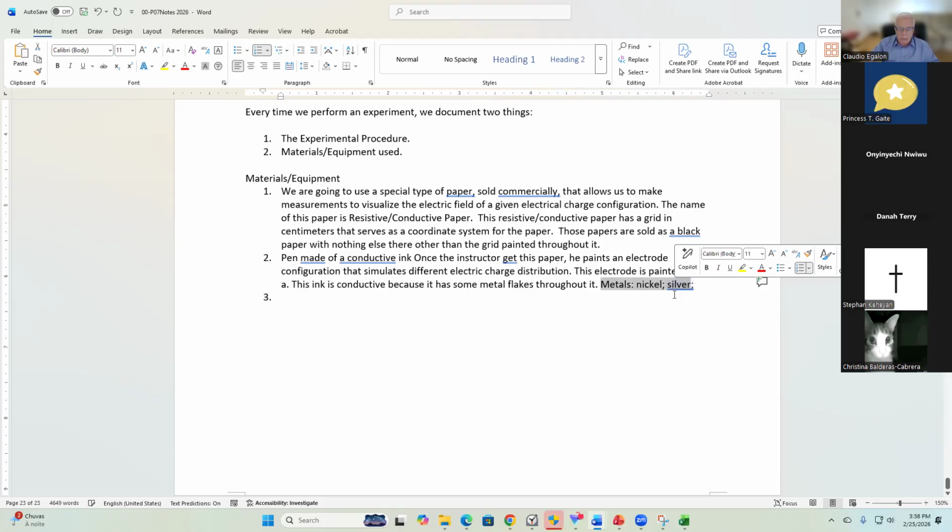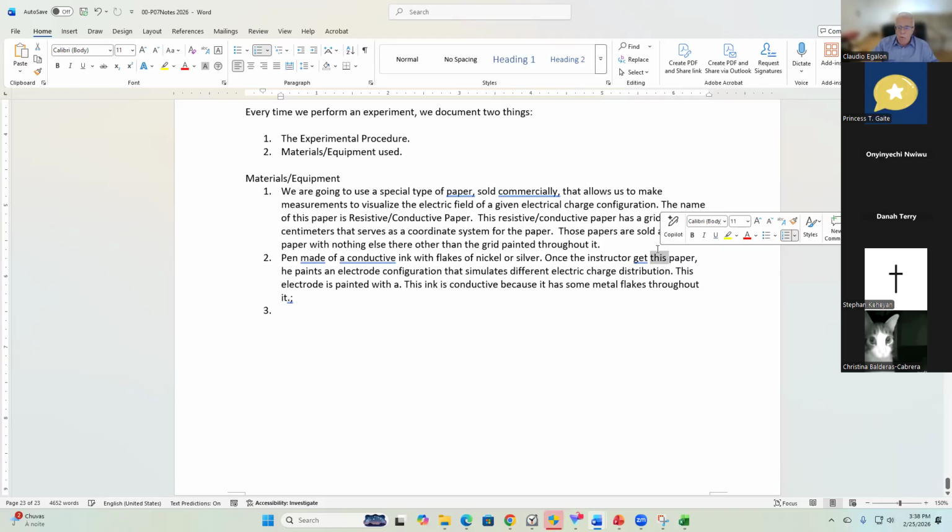The metal can be either nickel or silver, with flakes of nickel or silver. Once the instructor gets the above paper, he paints an electrode configuration that simulates different electric charge distributions using this conductive ink.